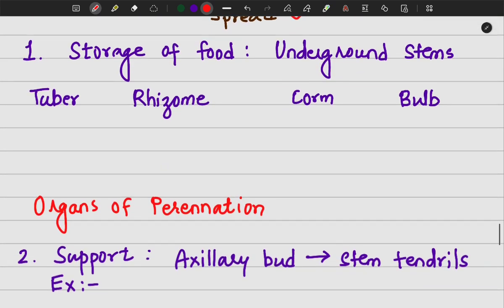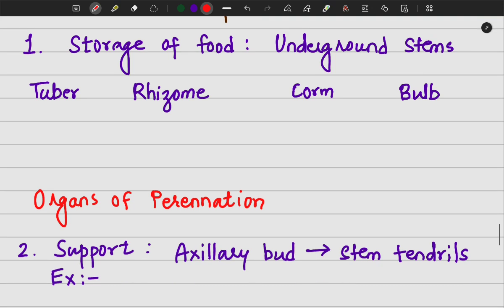First of all, let's see the modification of stem for the storage of food. Some of the stems, mainly the underground stems, undergo modification and store food inside them and grow in size.